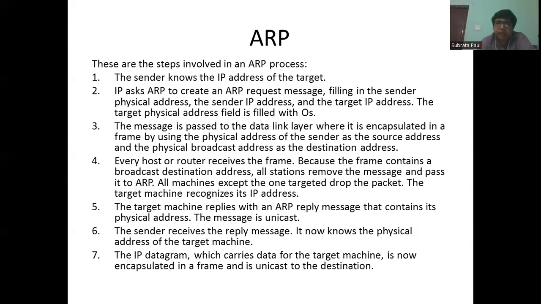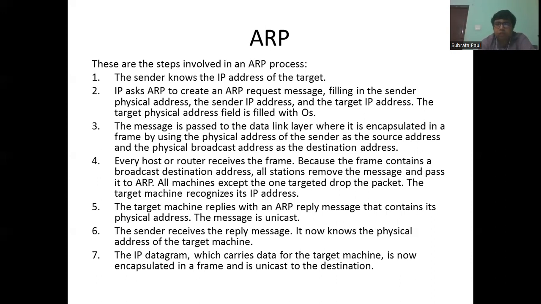Now this ARP request message is passed on from the network layer to the data link layer, where it is encapsulated into the frame, using the physical address of the sender as the source address and the physical broadcast address as the destination address, and then it is broadcasted.